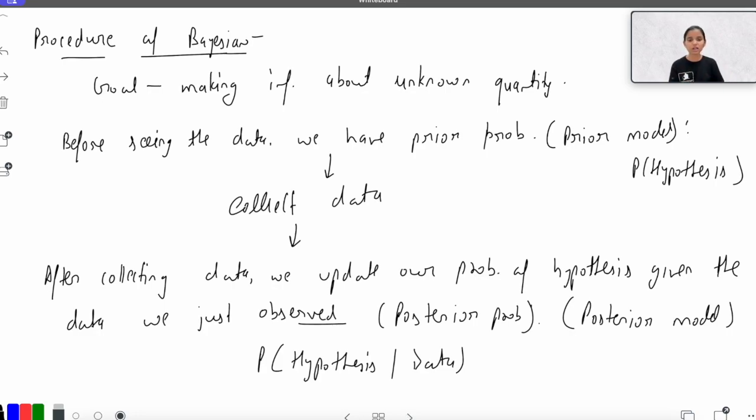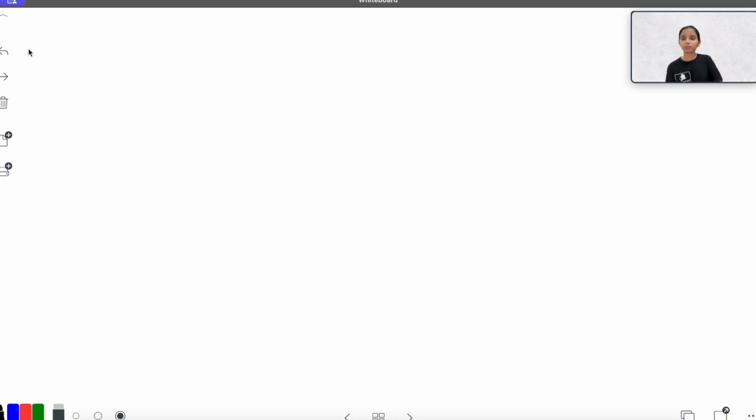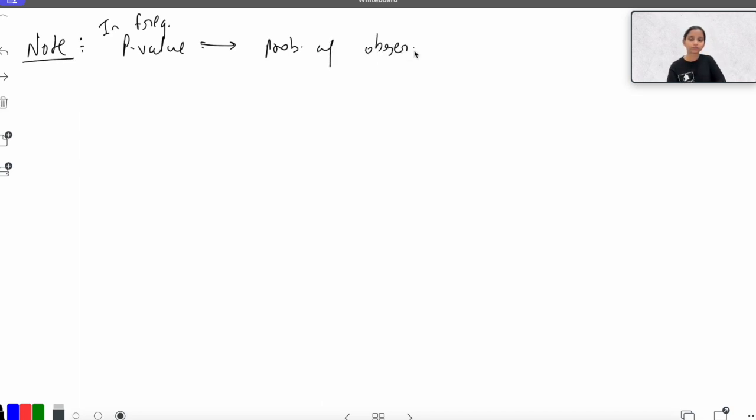Now, a simple note for those who have already studied the frequentist approach. In the frequentist approach, there is a concept called the p-value. What is the p-value? It is simply the probability of the observed data given that the hypothesis H0 is true.